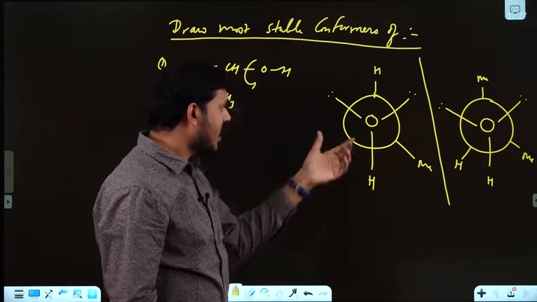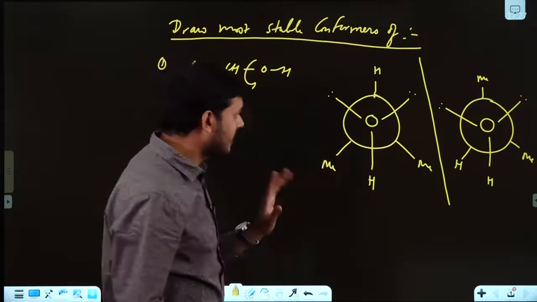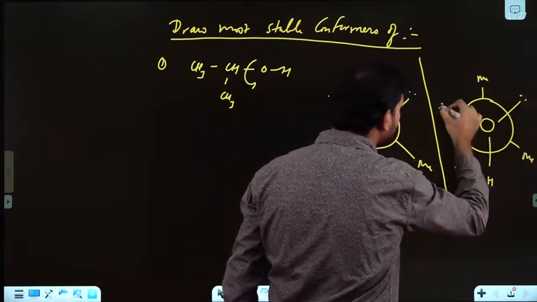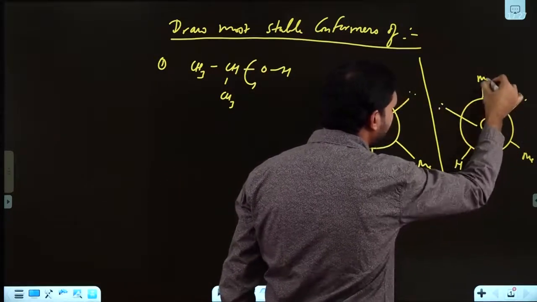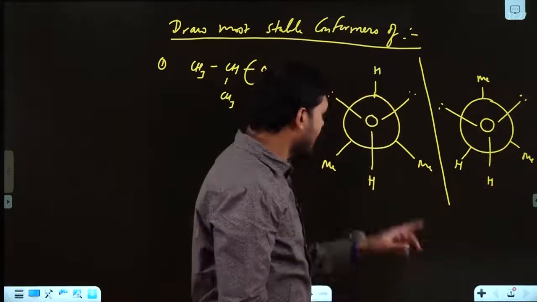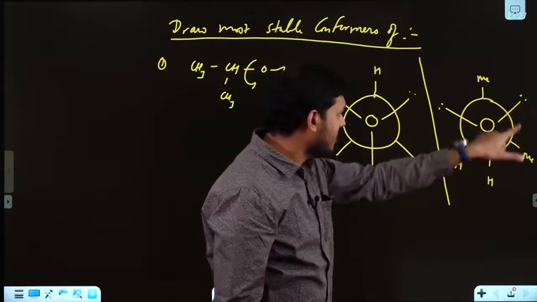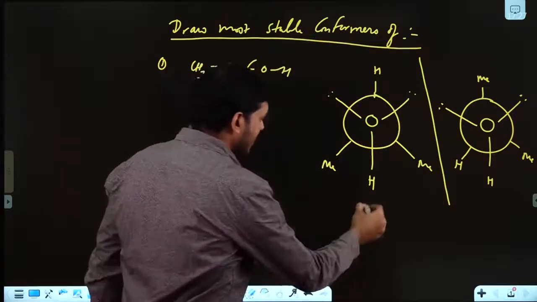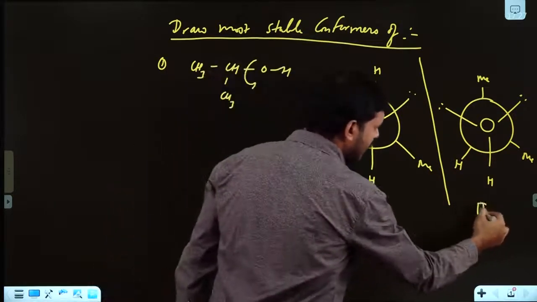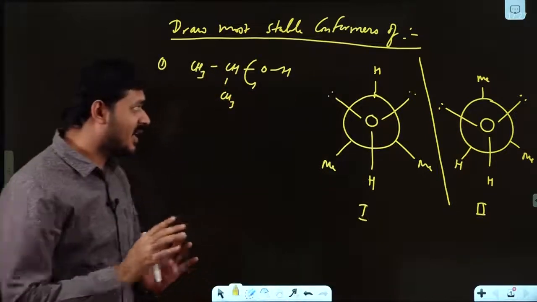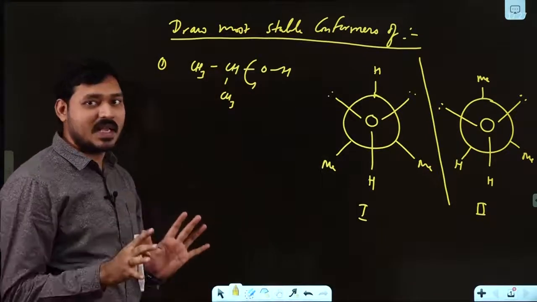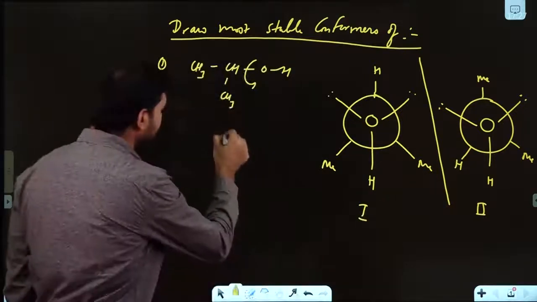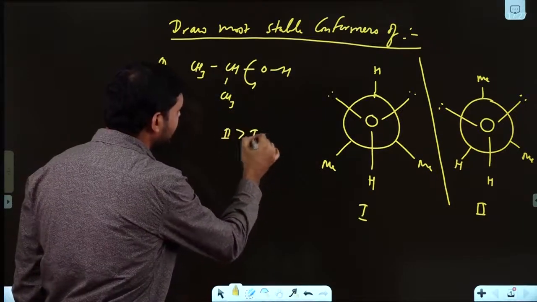Methyl, hydrogen. I am just mentioning the strain part. Now in this structure, what happens? Both lone pairs, and in between the lone pairs you have placed the bulky group. Again methyl-lone pair, similarly methyl-lone pair, methyl-hydrogen, hydrogen. Now the question is, which one is more stable? So students, understand, the gauche effect says that structure number 2 is more stable than 1. The second will be more stable than the first.